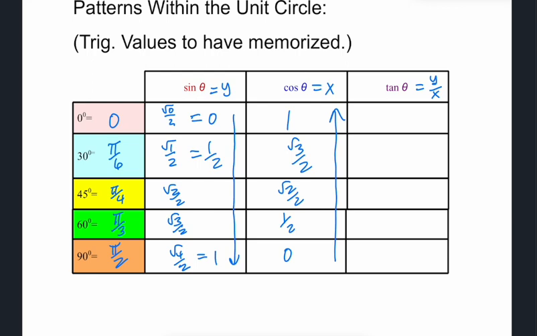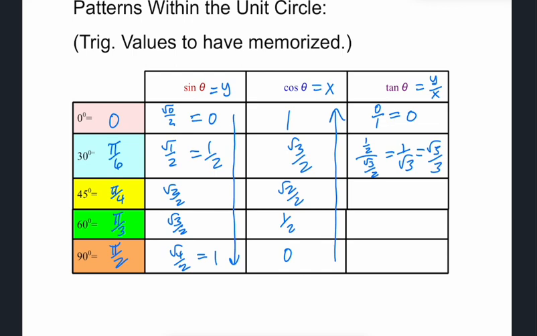Okay, let's do the tangent. This would be y over x. I wrote it sine over cosine on purpose. That's 0 over 1. This is 1/2 over square root of 3 over 2. The 2's cancel. It's 1 over radical 3, which is radical 3 over 3.